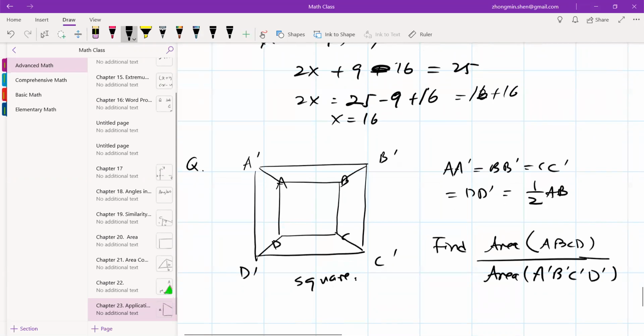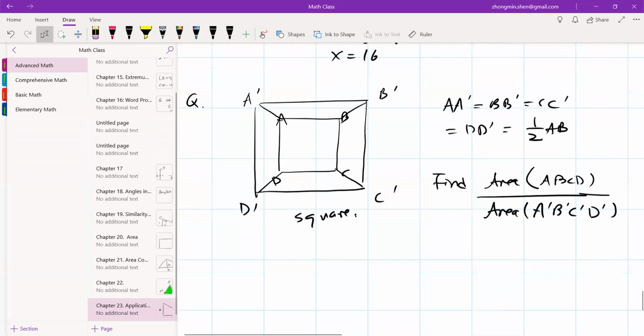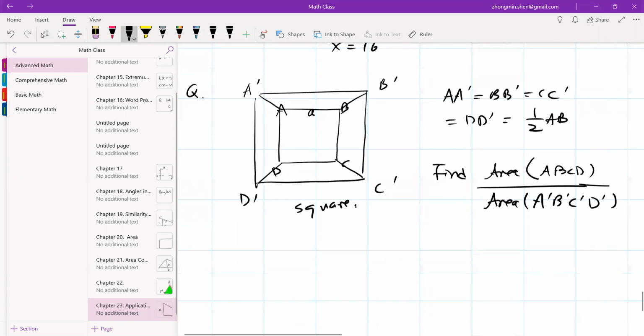Okay. You can assume ABCD is a unit square. Or you can assume 2, 2, 2, because it doesn't matter how large the original square is. You can just enlarge it, right? But I assume just A, okay? Or you make it easier, maybe 2A.